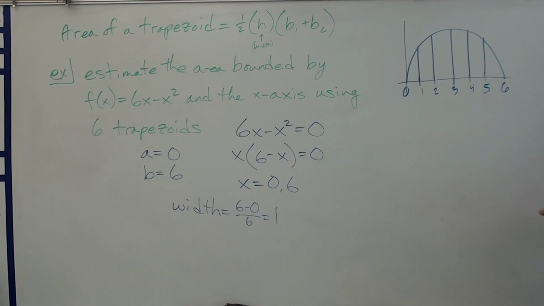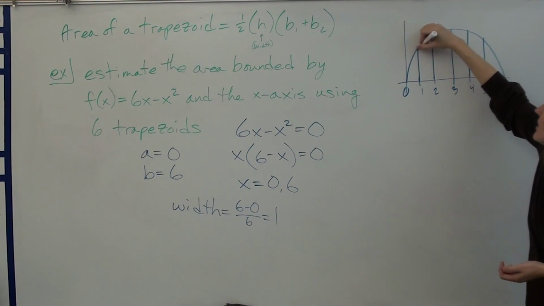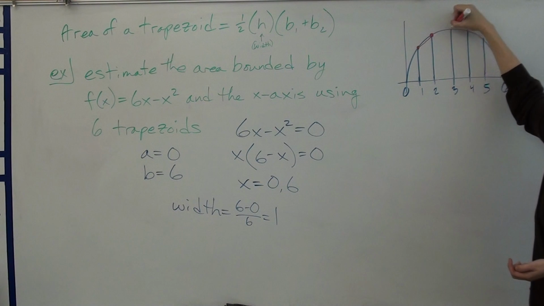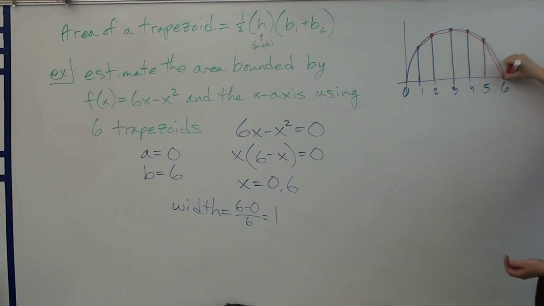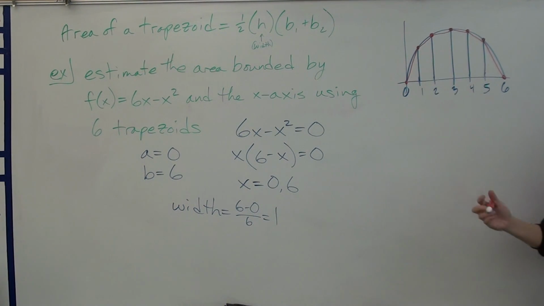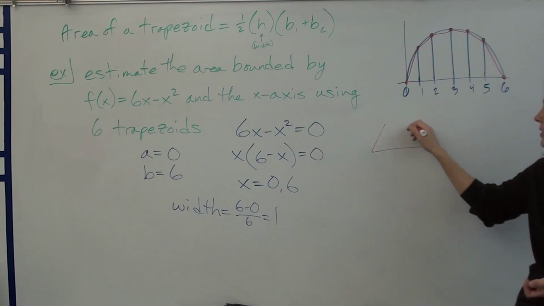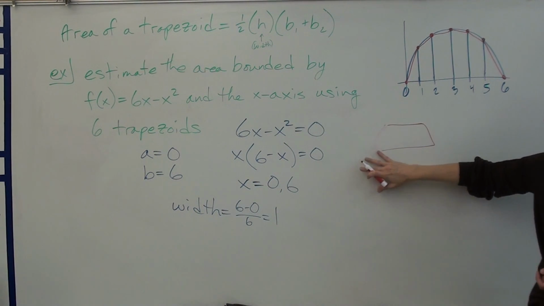How do you draw a trapezoid? With a rectangle, you get some sort of a height and you level off the top and create a rectangle. Trapezoids, you don't level off the top. You actually connect these two y values together, and that's the top of your trapezoid. A trapezoid, by one definition, is any quadrilateral with one pair of parallel sides, right?